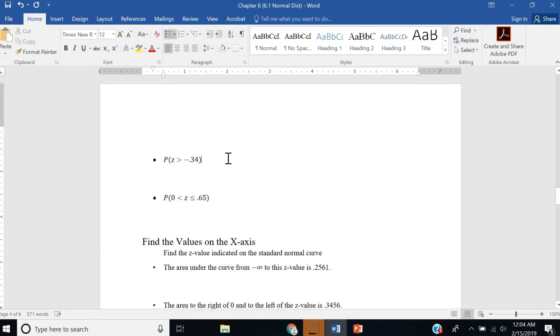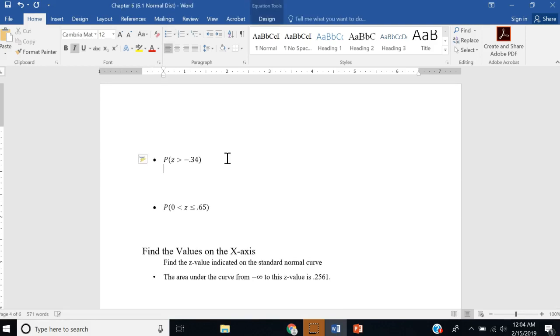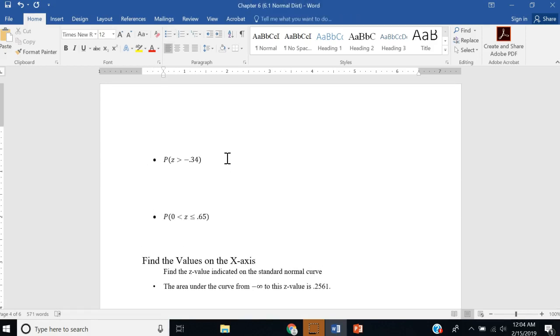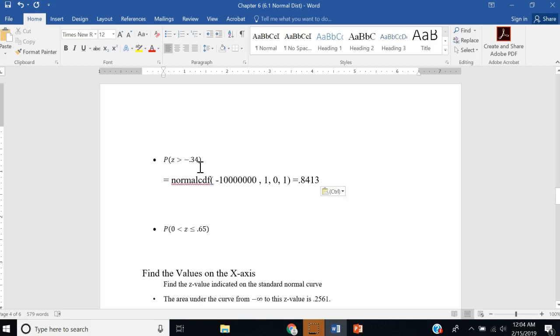Now this one is similar, but this one gives me a lower bound. So it says Z has to be bigger than negative 0.34. So negative 0.34 is my lower bound, and my upper bound is positive infinity. So I'm just going to approximate that by a really big number.